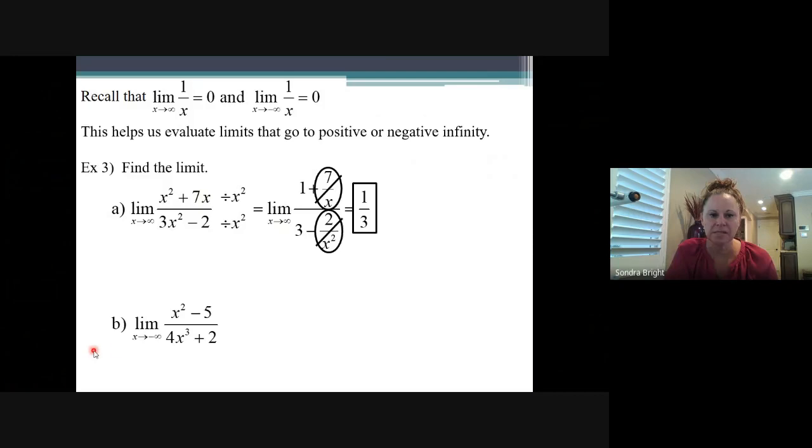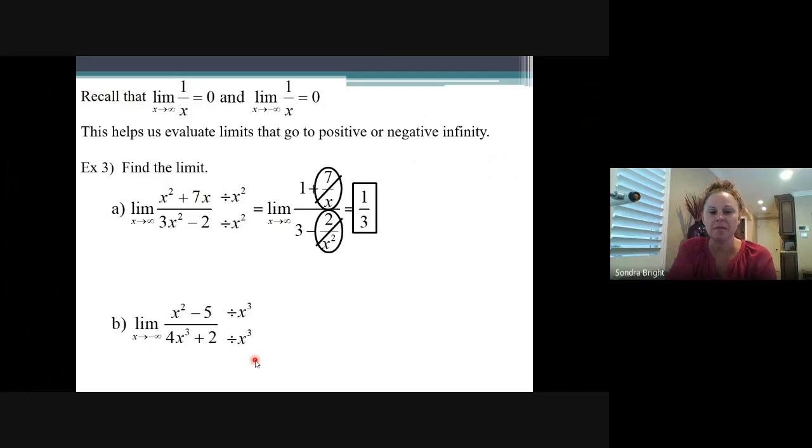How about the limit as x goes to negative infinity of x squared minus 5 over 4x cubed plus 2? So I'm going to do the same thing I did up here. I'm going to divide by x cubed top and bottom, since x cubed is the largest exponent, the largest degree.